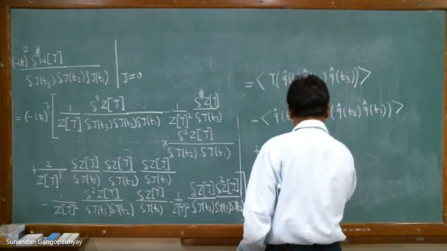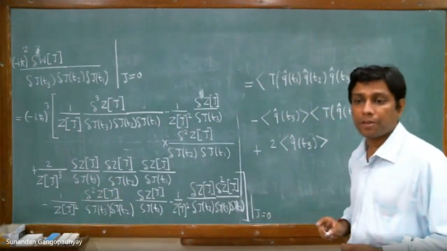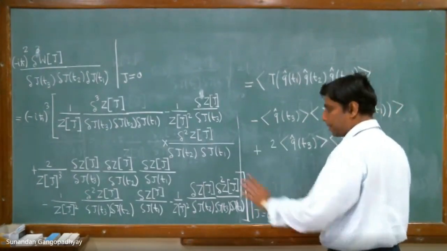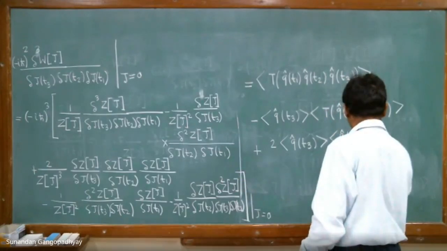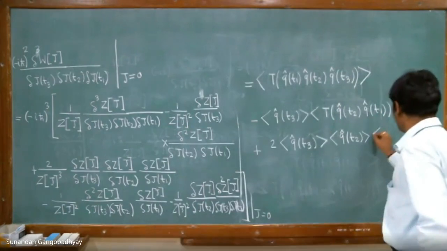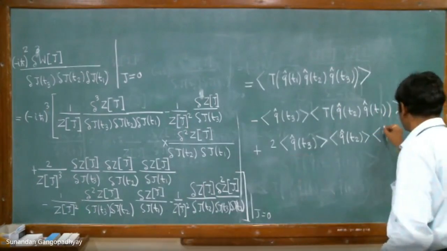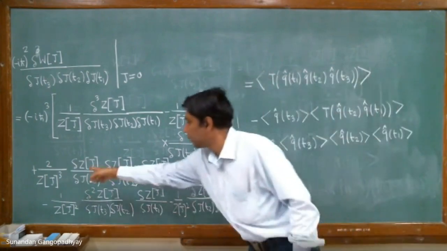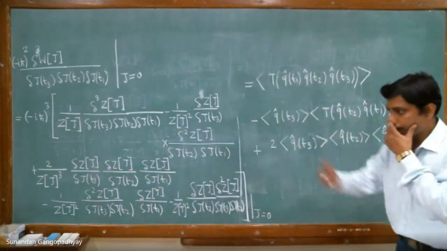It doesn't matter in which order you write, because these are all expectation values. Therefore, these are numbers. But still, I am writing in the particular order that I have written. So this gives you q hat T2 expectation, and the last one gives us q hat T1 expectation. So this is also done.